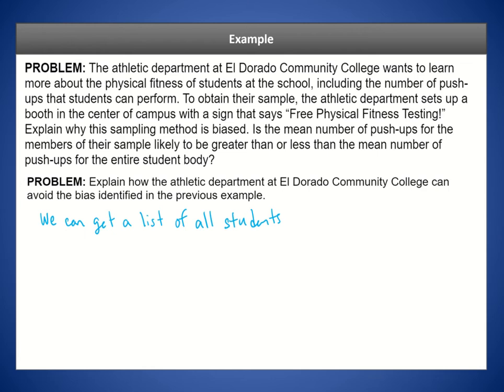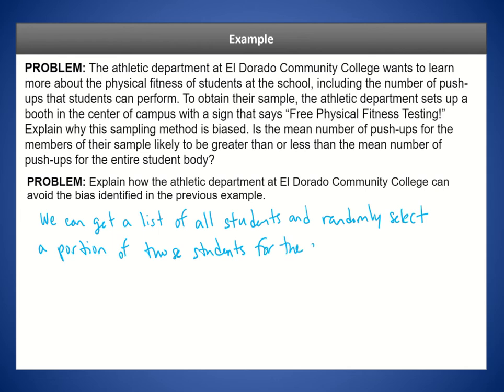Or 50 of those students, or however many students you want, and randomly select a portion of those students for the study. Okay, so that's how you can truly make it random. Like, if you're doing this as an experiment to interpret the results statistically, you'd have to introduce an element of randomness.